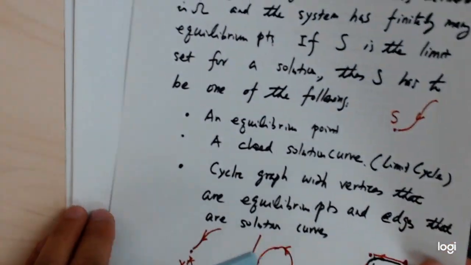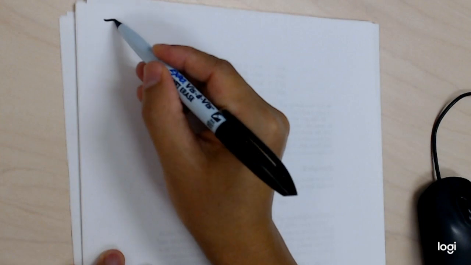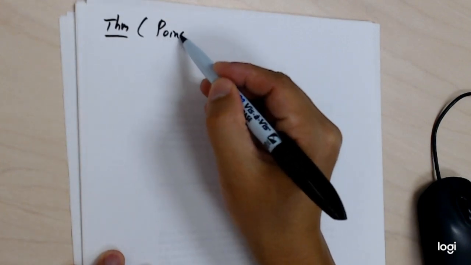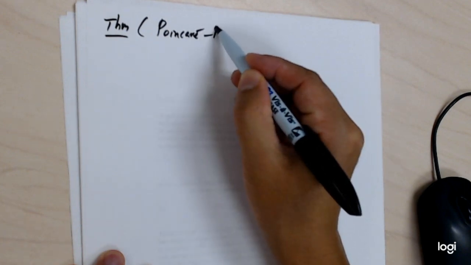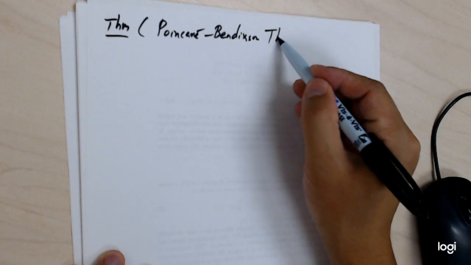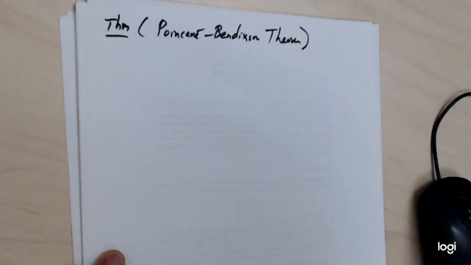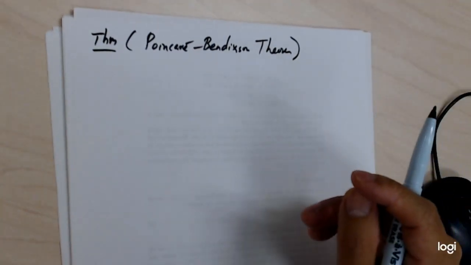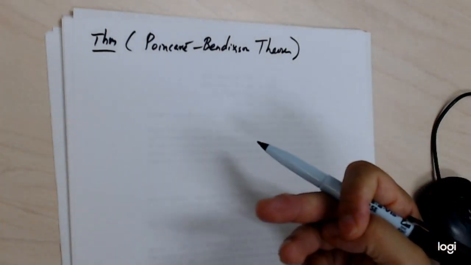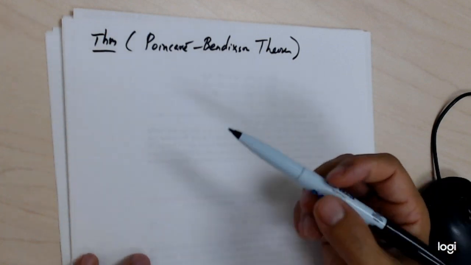And here is the Poincare-Bendixson theorem that this section is about. So the Bendixson alternative says the limit set of any solution curve is either a closed orbit, an equilibrium, or a cyclic graph.